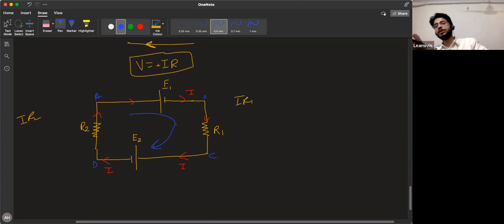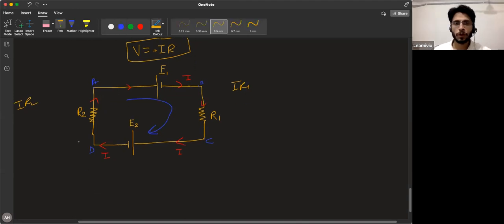So we will go from A to B, then from B to C, then from C to D, then we'll come back to A.